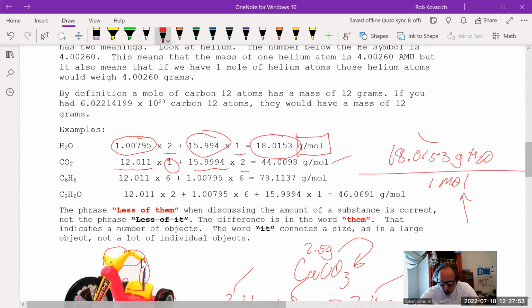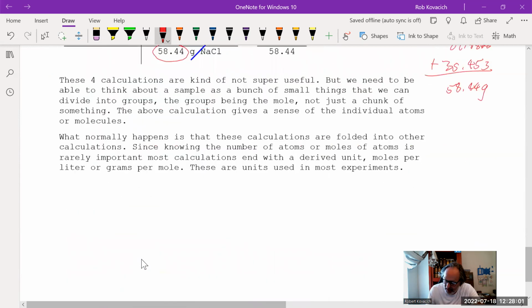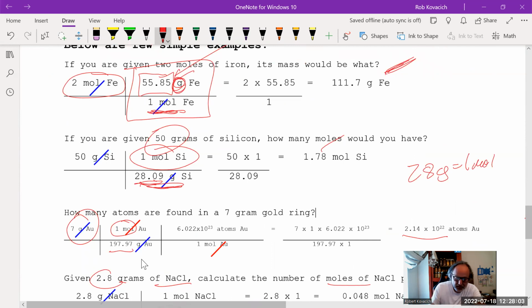All right, so what we're doing when we mass something out, we're actually counting them. So if we look at this atom one here, you take a ring and you put this ring on a scale, and I find out it's 7 grams. Well, how many atoms are there?